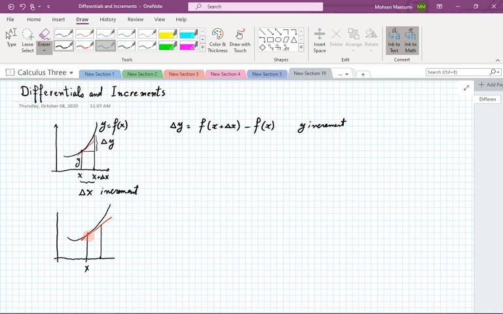and the increase that I see here, this yellow portion, I am comparing it with this blue portion. Well, they are not exactly the same, so we need to refer to it by a different kind of letter, and that is where the differential comes in. This is going to be called dy.